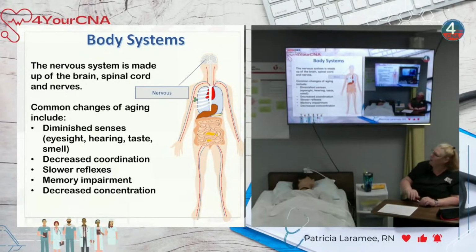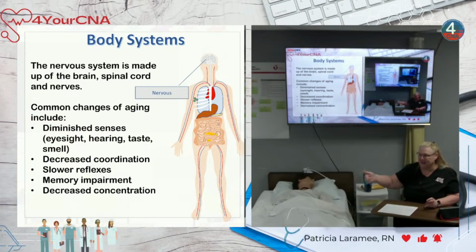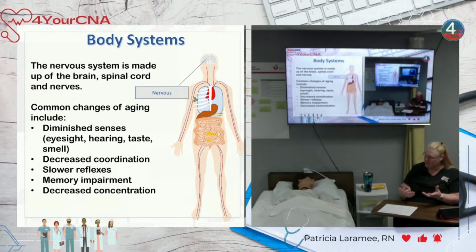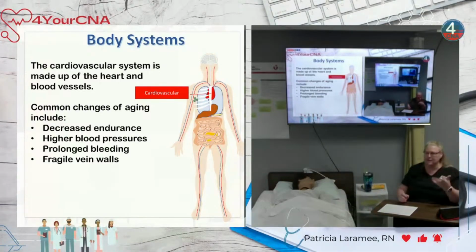So if we have poor intake and poor calcium levels, and our body has mined the calcium from the bones, and we have coordination problems, when the patient falls, what's likely to happen? Broken bones, all because we don't taste the same. Isn't that crazy how all of that goes together? So we have to be aware of this so that we can keep our patients safe.